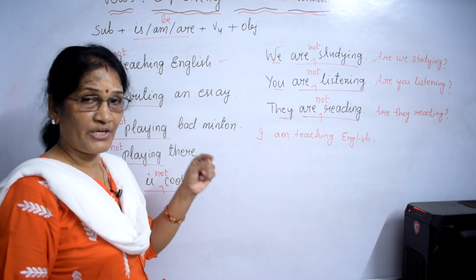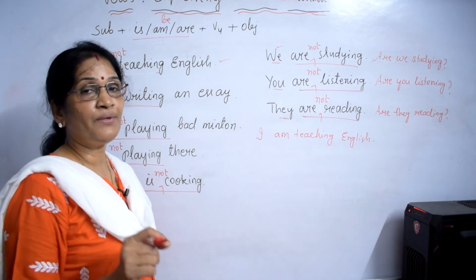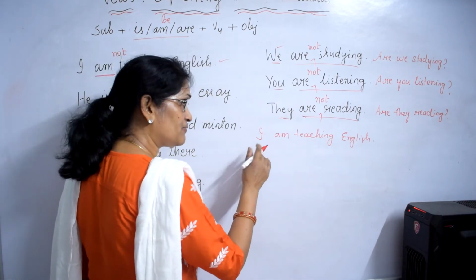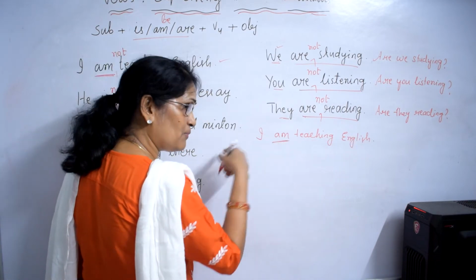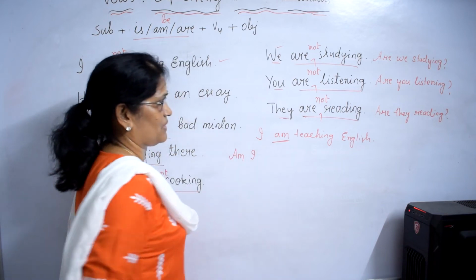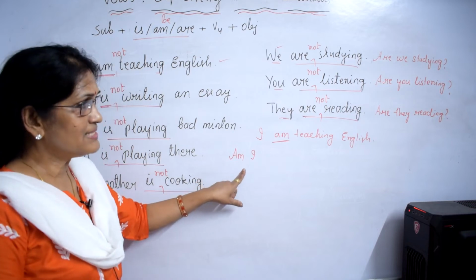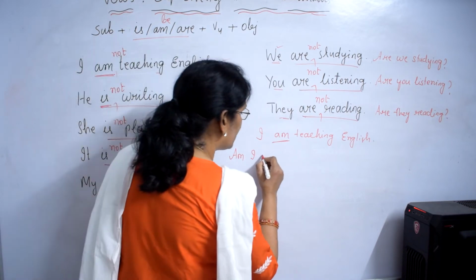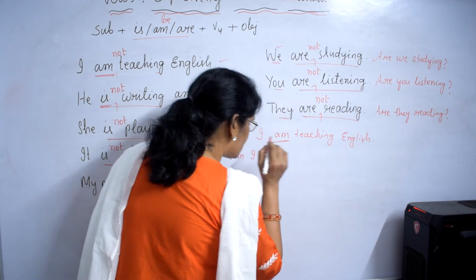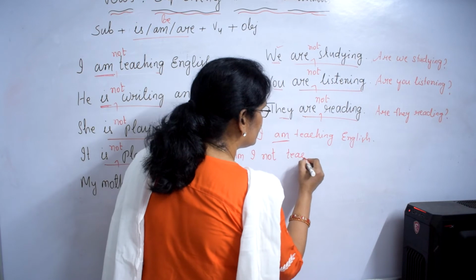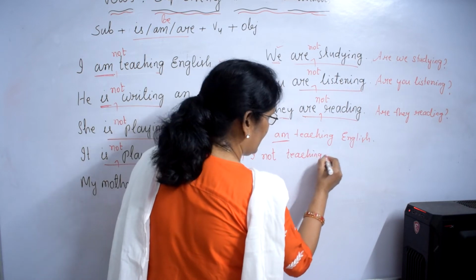That means it will be interrogative with the negative word not. So change the sentence into interrogative first. You have known am will come to the front. So write am I. So what you are doing, changing the sentence into negative interrogative. So put here the negative word not. Am I not teaching English?